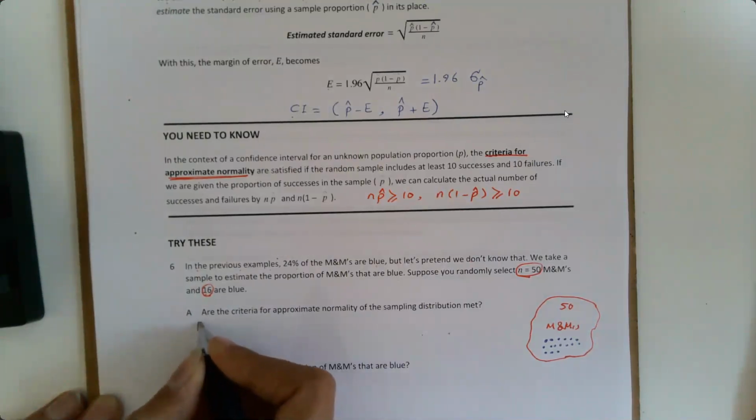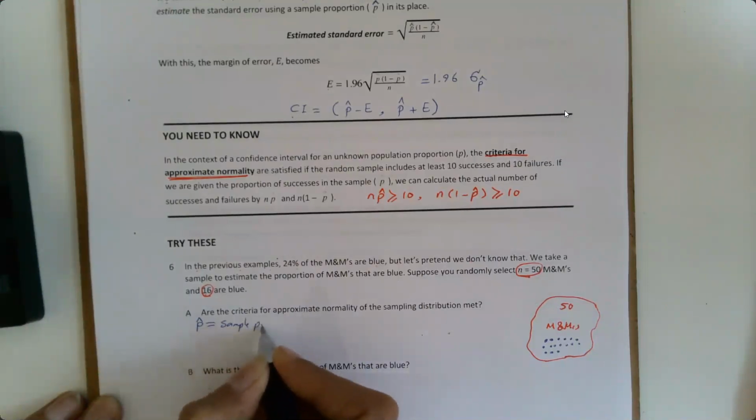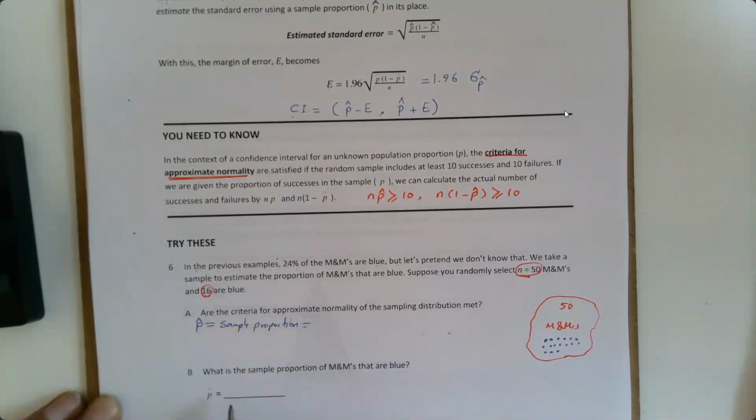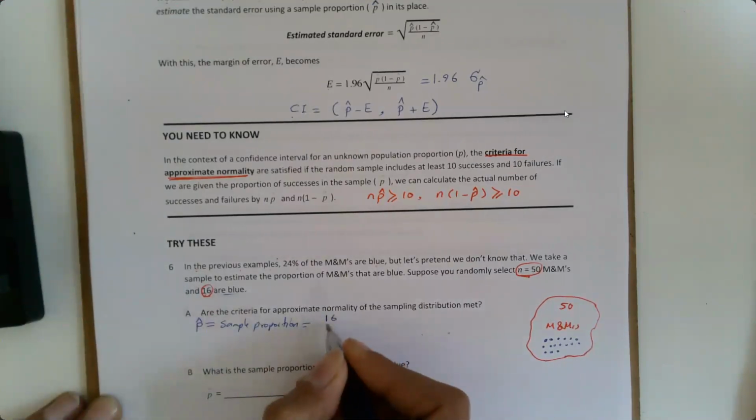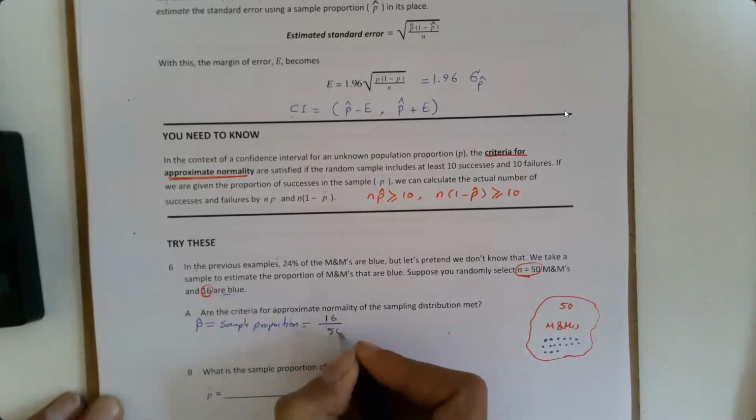Okay, you should be asking, well, what is p hat here? First, we need to find p hat. p hat, or sample proportion, is the number of blues, the one that we are finding, 16, divided by how many M&Ms? 50. So this is your p hat.